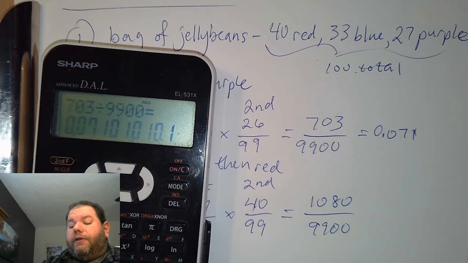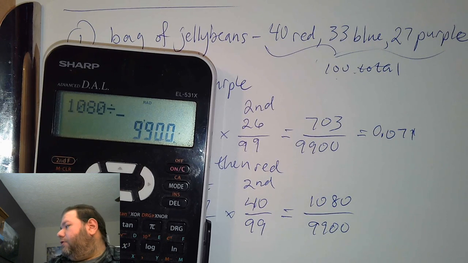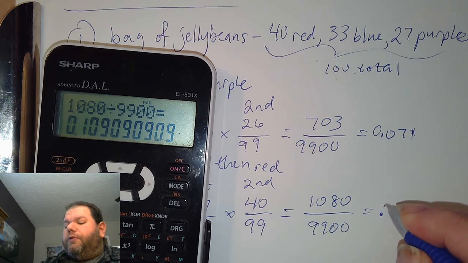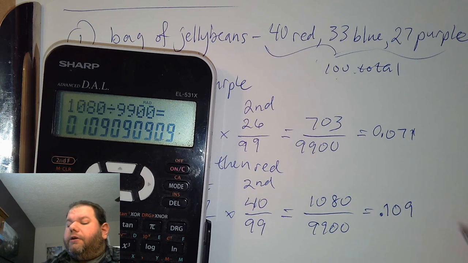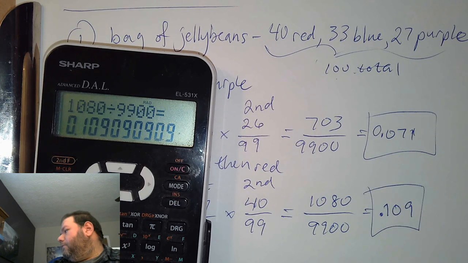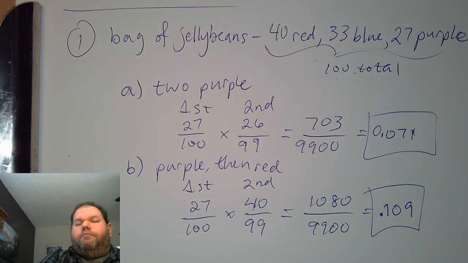And so 1,080 divided by 9,900, we get 0.109. Okay. So that'll be our probabilities on each of those two events, using the multiplication rule.